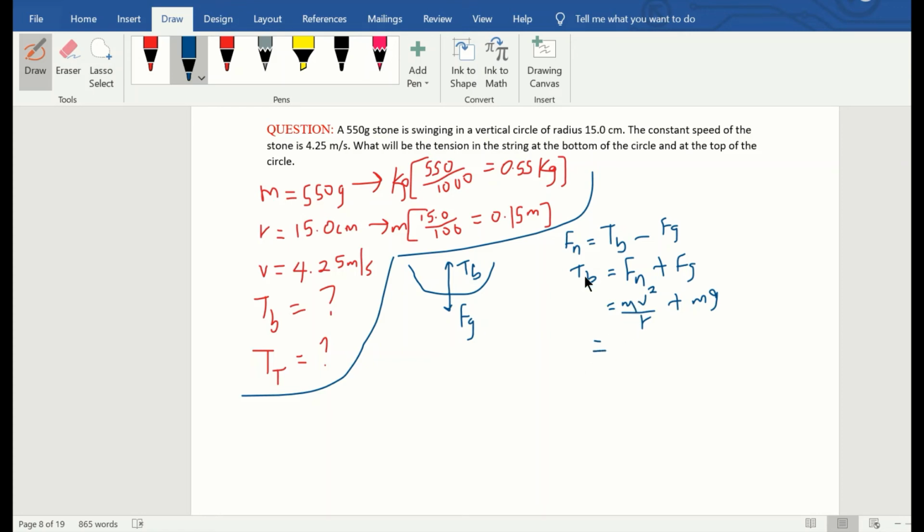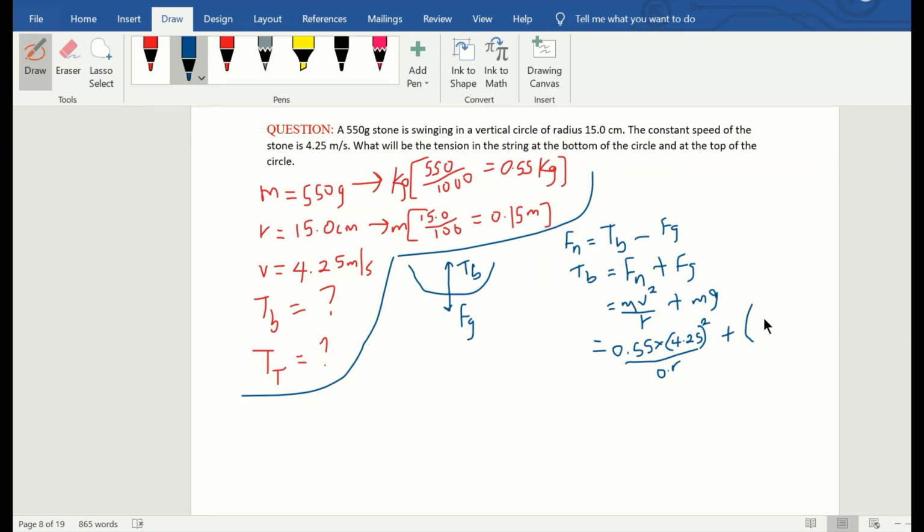The mass is 0.55 times the speed, 4.25 squared, over the radius, which is 0.15, plus mg, the weight.